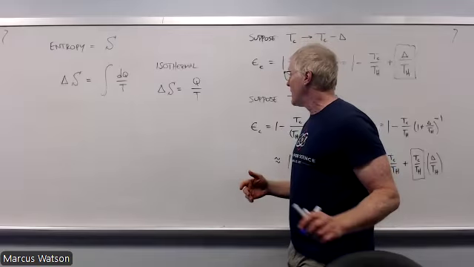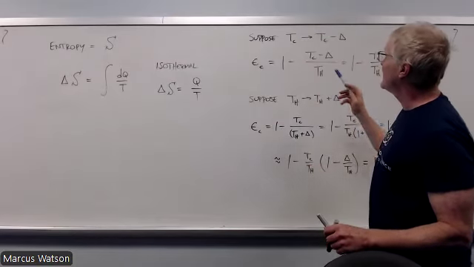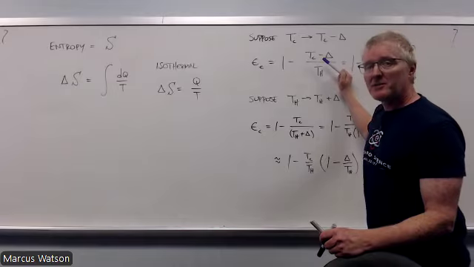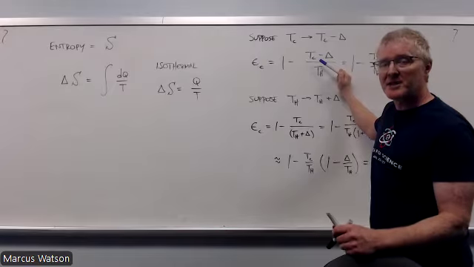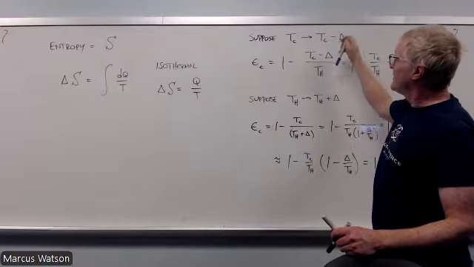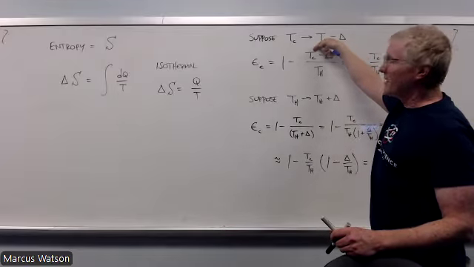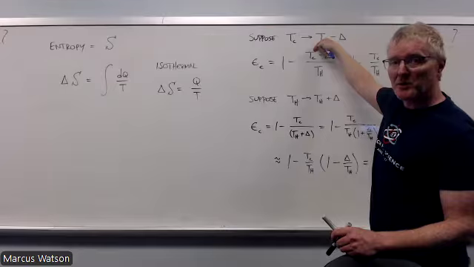I will leave you today with the idea that there is no possible way to get the efficiency of any cycle to be 100%, because the way you would do that is by causing TC to be 0.